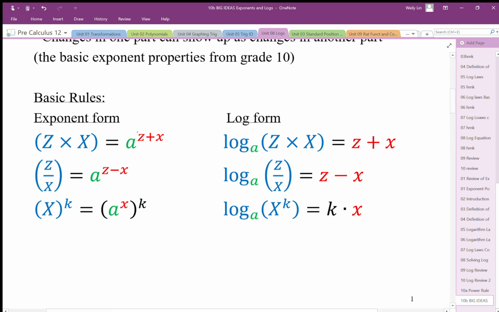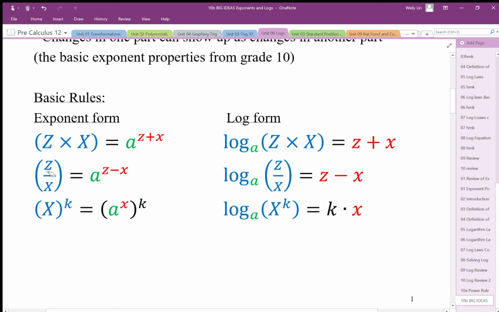So the small z is the power on base a that gives me big Z. The small x is the power on base a that gives me big X. So if I have some number Z times X, I can add the exponent powers when these bases are the same. Same thing here, z and x share the same base.